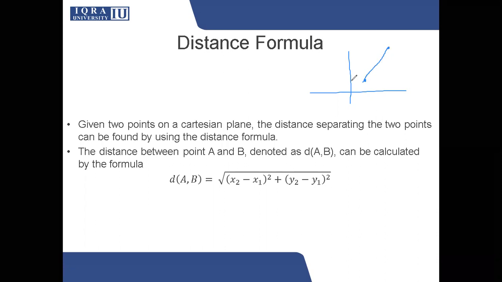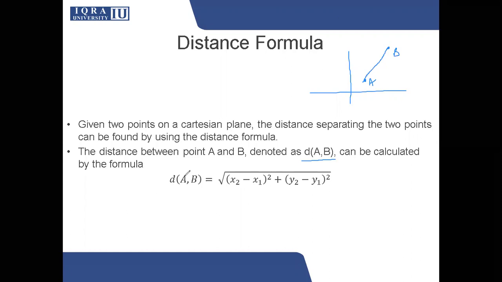Let me call these points A and B. The distance between A and B, denoted AB, is the square root of x2 minus x1 whole square plus y2 minus y1 whole square.